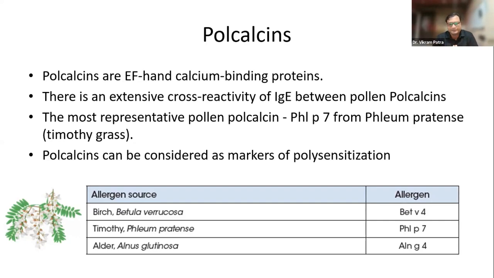So if you come across a picture where the patient is sensitized to weeds, trees, and grasses, always look for the polcalcin, the Phl p 7, and that must be positive. The corresponding homologue for Phl p 7 is Bet v 4 in the birch, and for the alder it is Aln g 4.